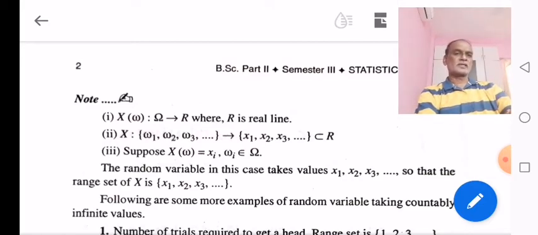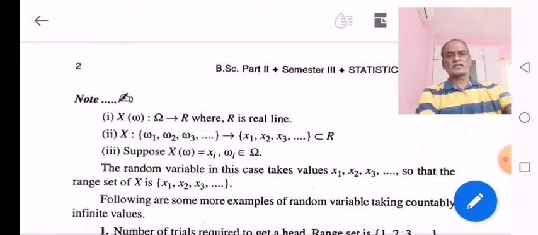We give some numbers corresponding to every sample point as x1, x2, x3, which belong to the real line R. Shortly we can write X(omega i) is equal to xi, where omega i, that is every sample point, belongs to the sample space omega. The random variable in this case takes the values x1, x2, x3, so that the range set of X is small x1, small x2, small x3, and so on and so forth.